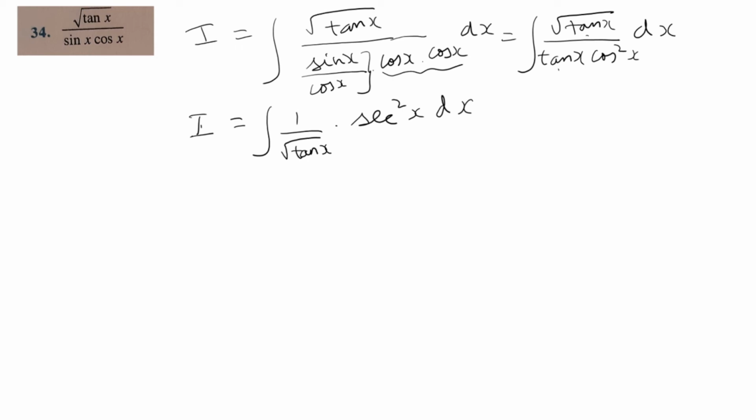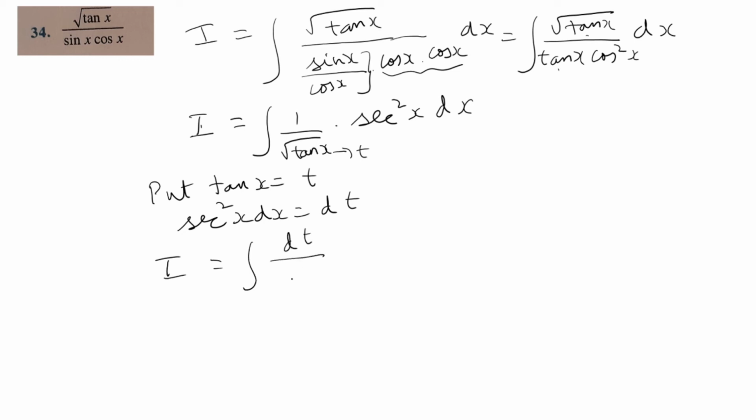Now we can do substitution. If we substitute tan x as t, we get dt as secant square x dx. So let us put tan x is equal to t, then we get secant square x dx is equal to dt. So I becomes integral dt by root t.